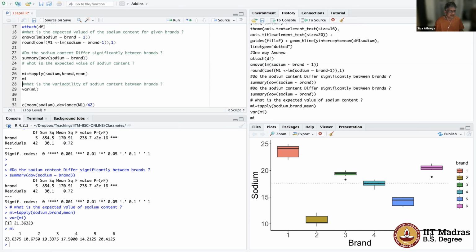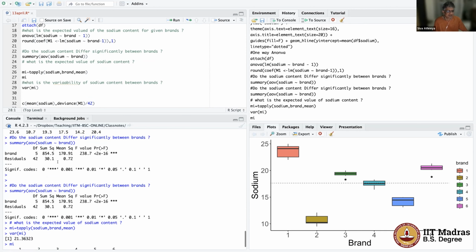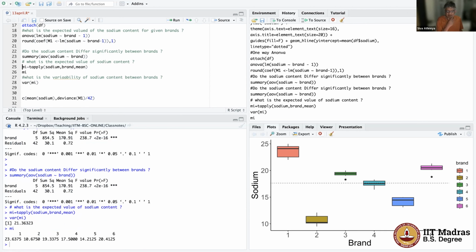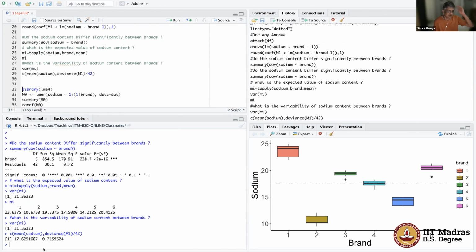It's the same as the previous ones, the same value, just a little more detailed. So the apply function applies the mean across each brand, and the variability gives you that. Then you can also give a confidence interval. Once you do this, you can just do a vector of the mean sodium. The mean sodium is 17.6, and the deviation is like 0.7.